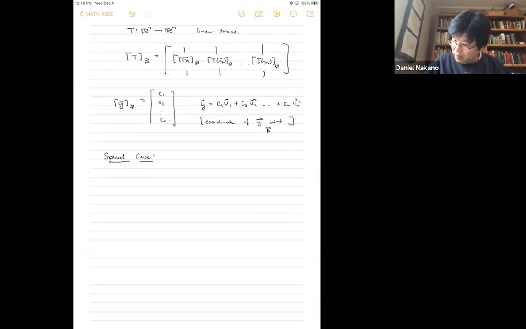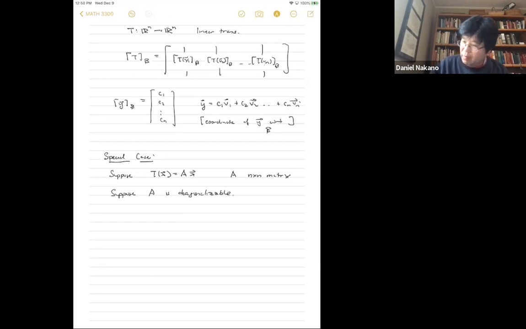Suppose that T of X is equal to A times X, where A is an n by n matrix. And suppose that A is diagonalizable.